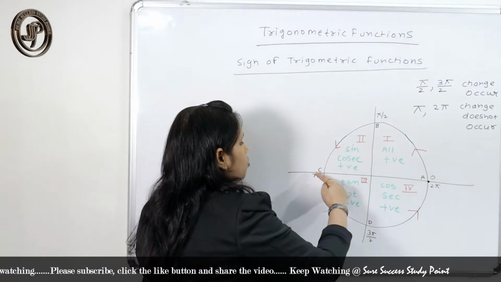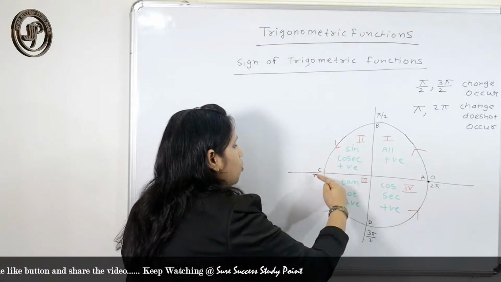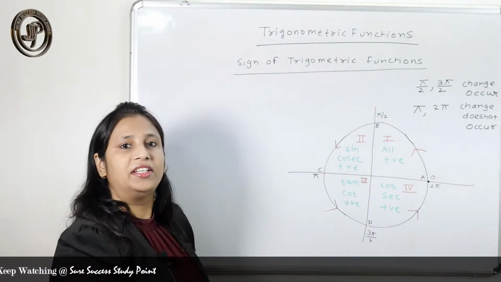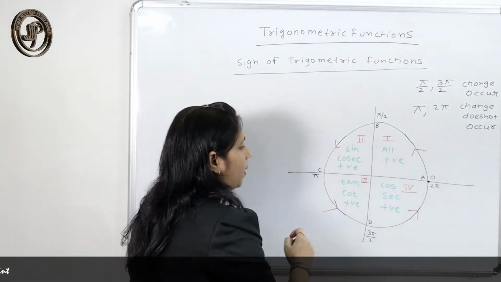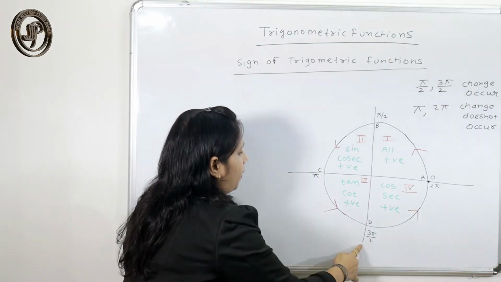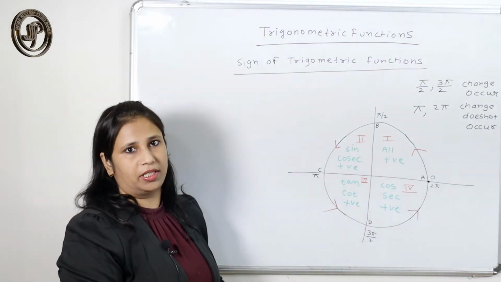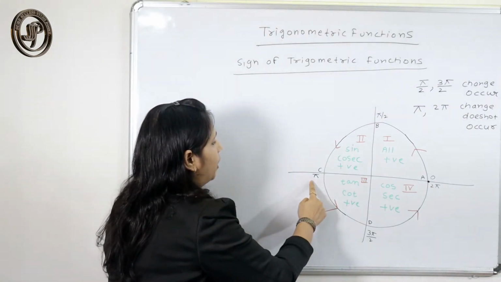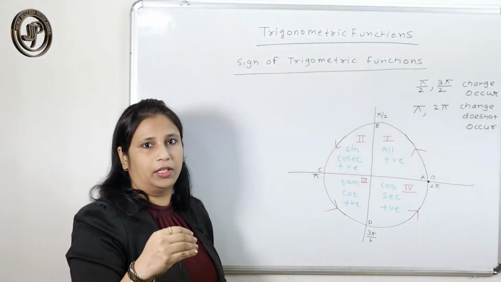Now pi by 2 to pi means 90 to 180 degrees, that is your second quadrant. Then comes pi to 3 pi by 2, which means 180 degrees to 270 degrees. Here I am adding 90 degrees to each.